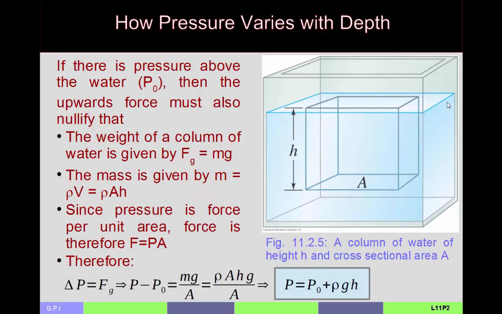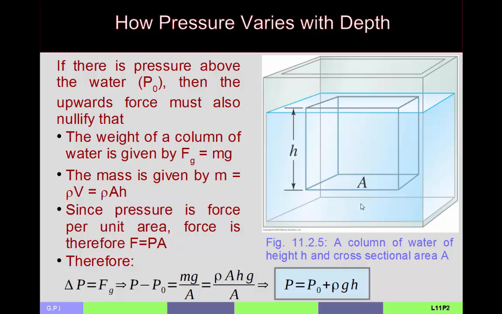If there is pressure above this cube, then the upward force below it must nullify that pressure as well. The weight of a column is mg, that's h times A times rho times g. And pressure is always force per unit area.